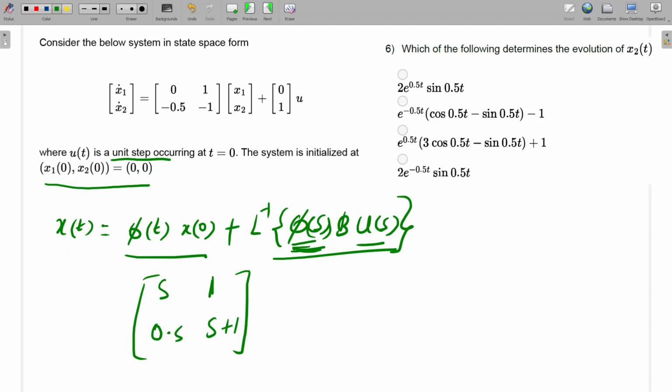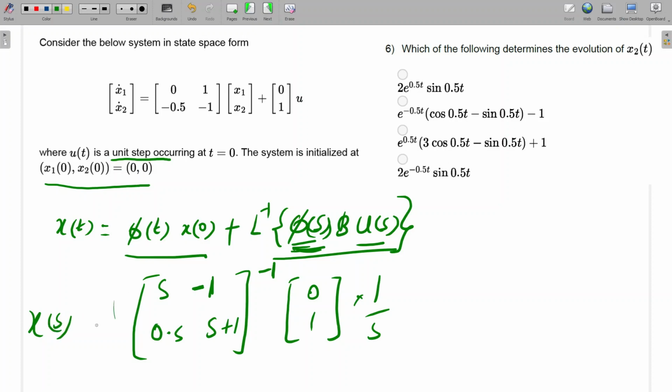Okay, step input is required. So sI minus A: here it will be s, minus 1, here it will be 0.5, and here it will be s plus 1. So sI minus A inverse, then B is there, B is 0, 1, and U of s is a step. So this will be X of s.